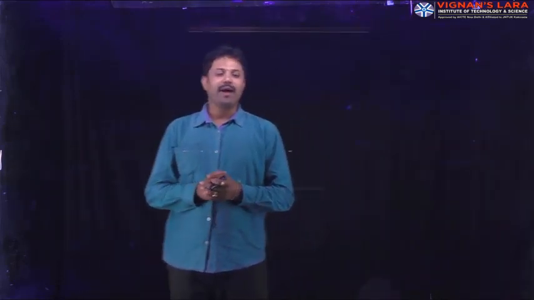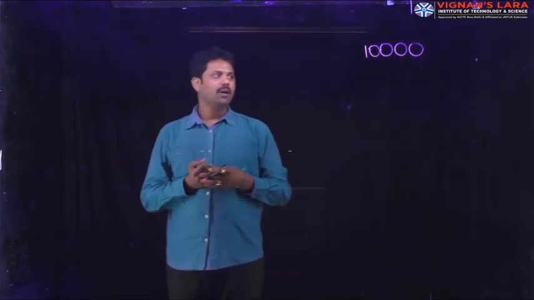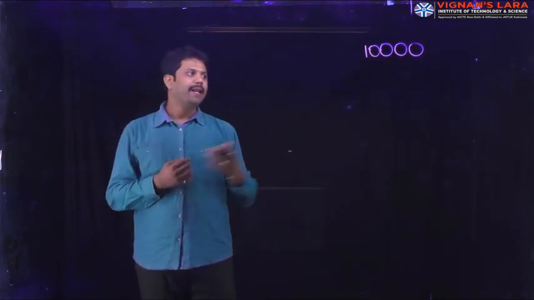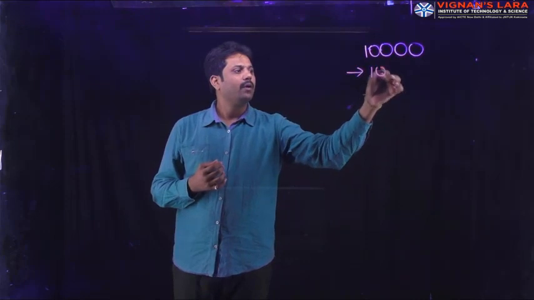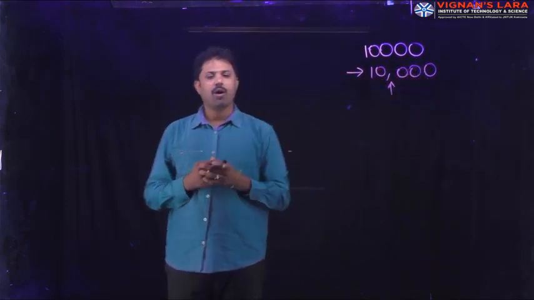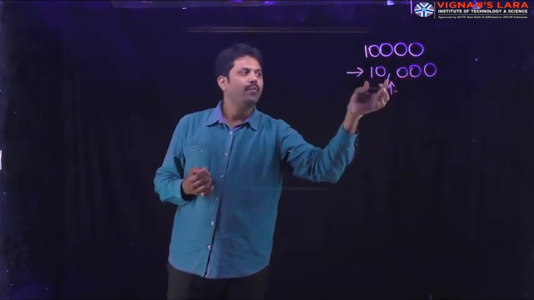Okay, next program. In this program, I take a numerical input. For example, I am taking a value like this. Here, this value is just 10,000. This is my input. I expect an output like this, where you insert a comma between these digits.